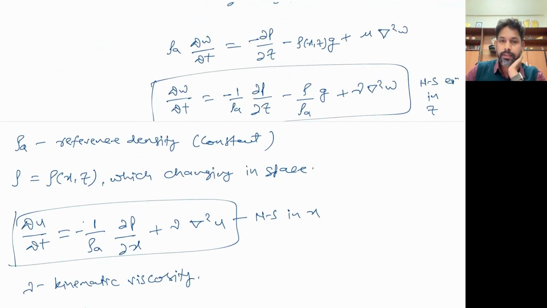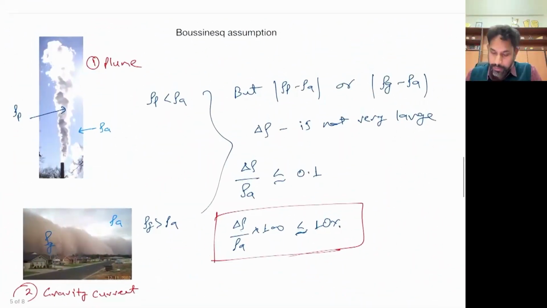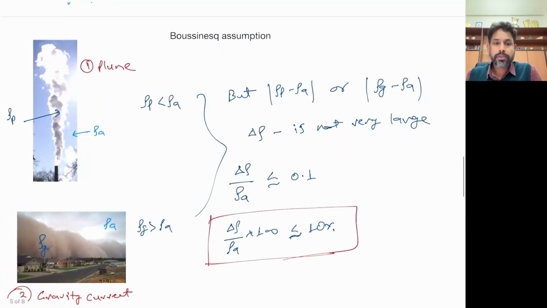Okay, so this is what is called the Boussinesq approximation, where we are trying to simplify the governing equations for these kinds of flows which are driven primarily by density difference. So plumes and gravity currents are driven because there is density difference in the system, right? The plume is rising upward, or the gravity current is flowing sideward, because in case of a plume, the plume is lighter than the ambient, whereas a gravity current is heavier than the ambient.